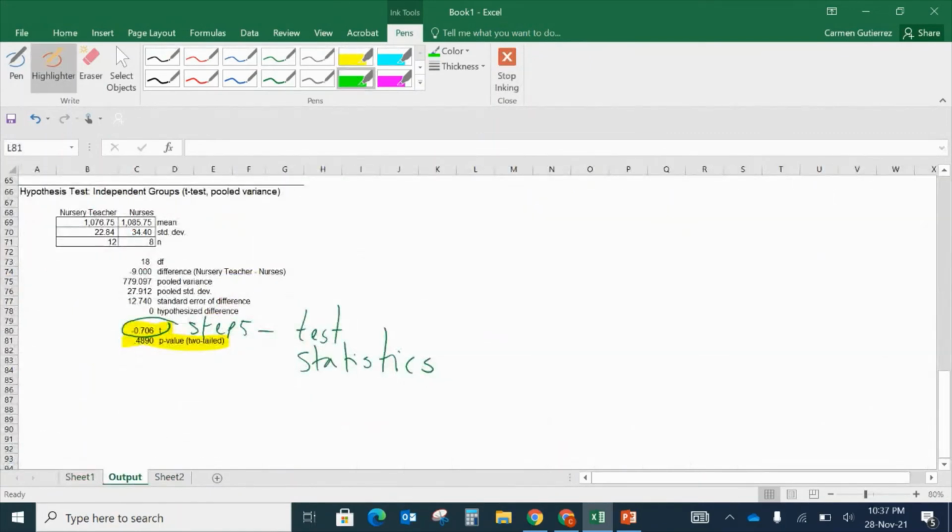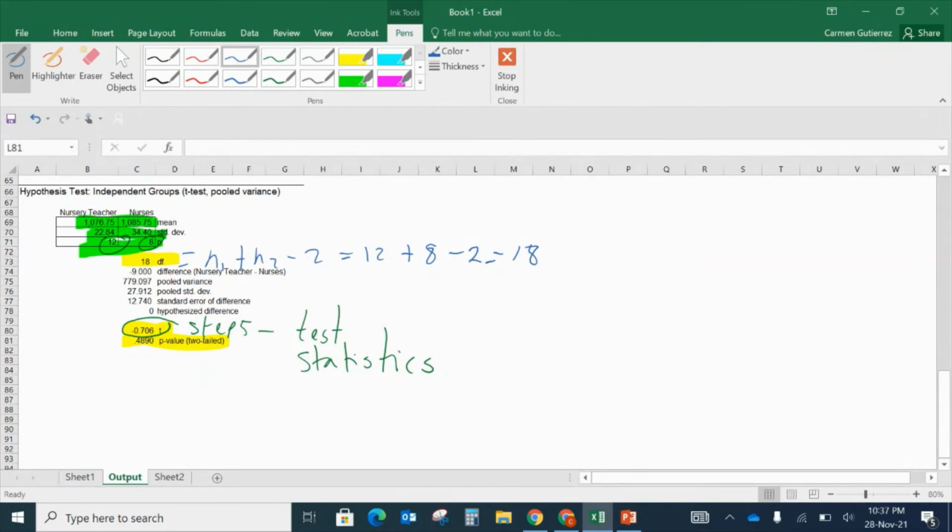The output, MegaStat calculated the mean for each of the samples, the standard deviation for each of the samples, and it gets here the number of data points. It gives me here the degrees of freedom. The degrees of freedom is n1 plus n2 minus 2. In this case, 12 plus 8 minus 2 equals 18.